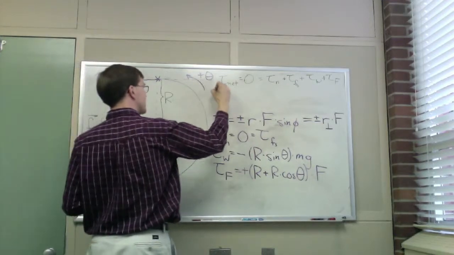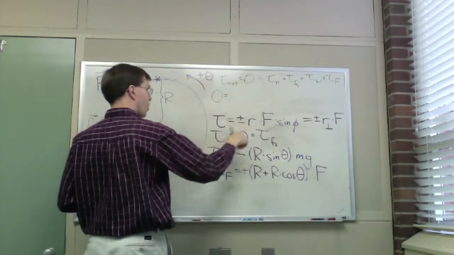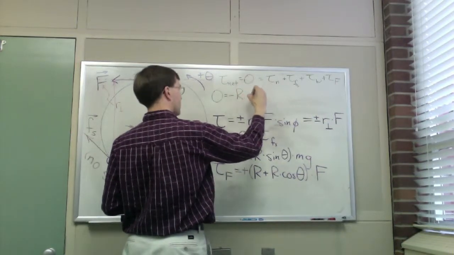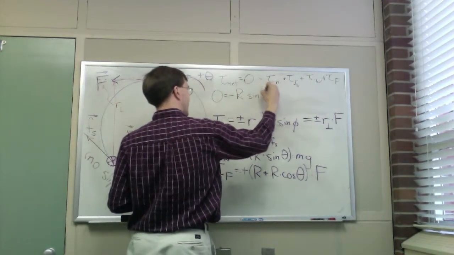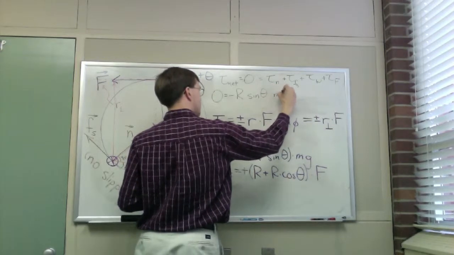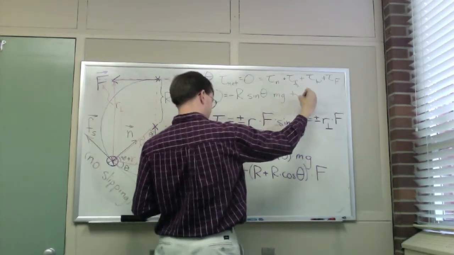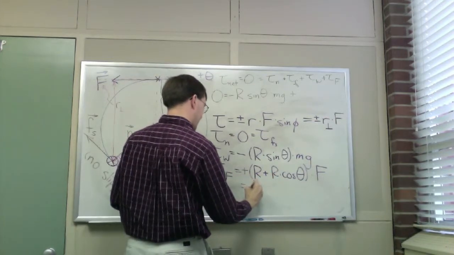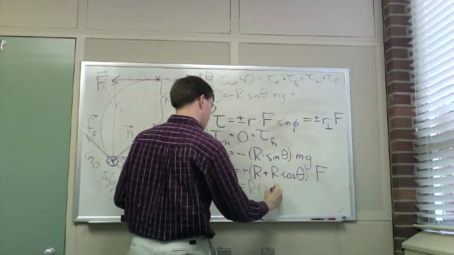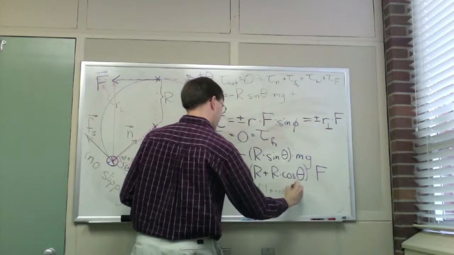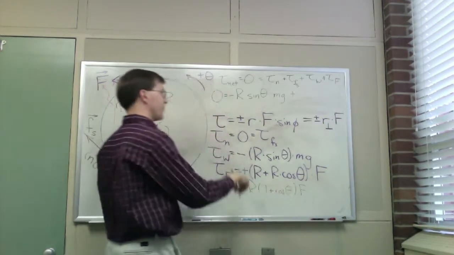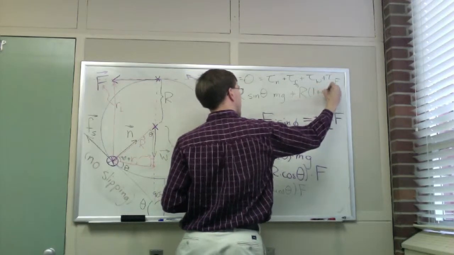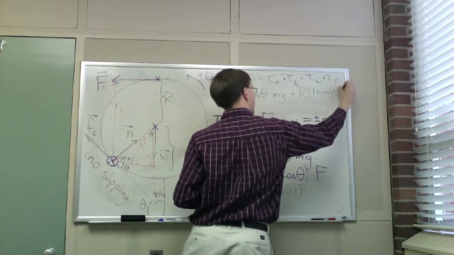In our case, that means 0 equals 0 plus 0, I'll just leave those out, minus r sine theta times mg plus, and I'll factor out an r from this, r times 1 plus cosine theta times F.